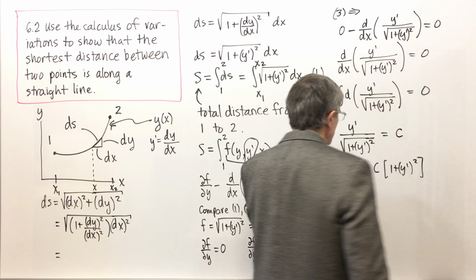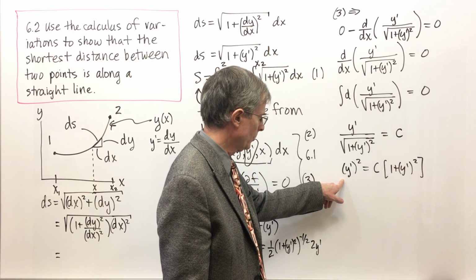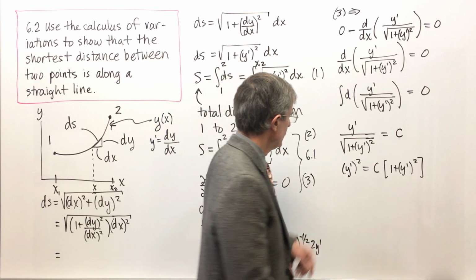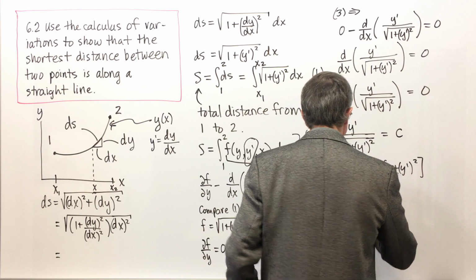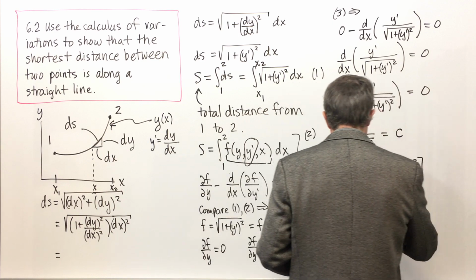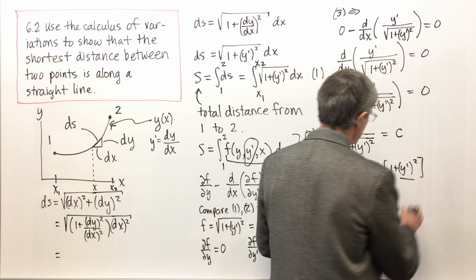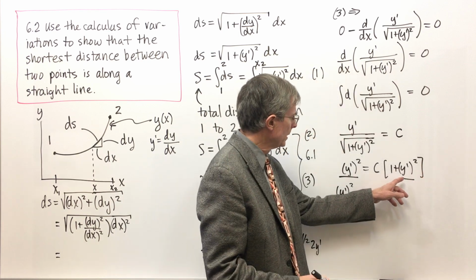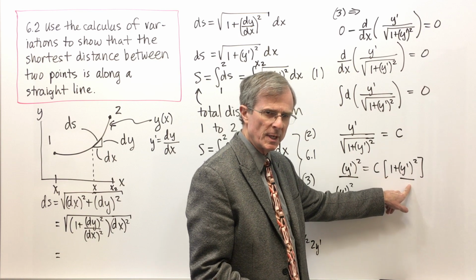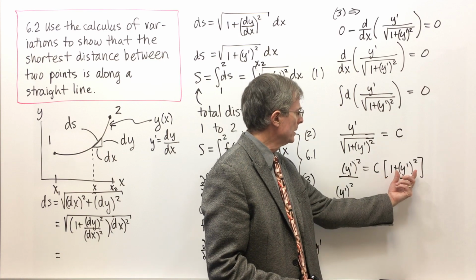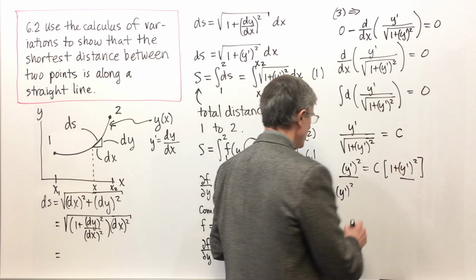Takes care of that. And now we can solve for y prime quantity squared. Here's a y prime squared, and here's a y prime squared, and it's multiplied by c. But if I subtract c y prime squared from both sides of this equation, then the c y prime squared will be eliminated from the right side and appear on the left side.